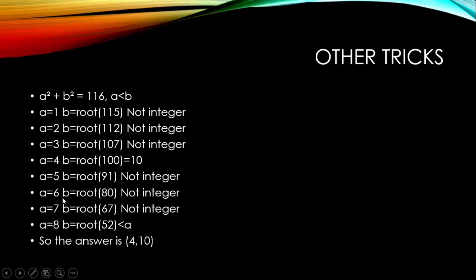A equal to 6, b is equal to root 80, not integer. A is equal to 7, b is equal to root 67, not integer. A equal to 8, b is equal to root 52, less than a. So the answer is 4 comma 10.